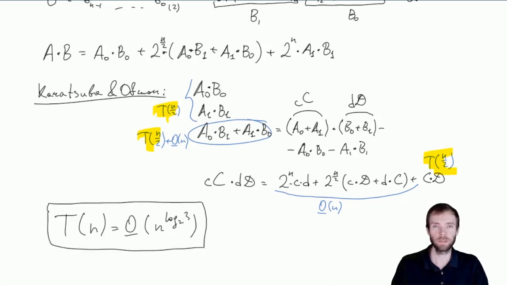Now the question is, can we further improve that? Can we split our numbers into 3 parts or 4 parts, and then using some clever formulas, recombine these parts so that we get all the ingredients to construct the product of the numbers? And indeed we can do so, and we'll learn that while discussing Toom's algorithm.